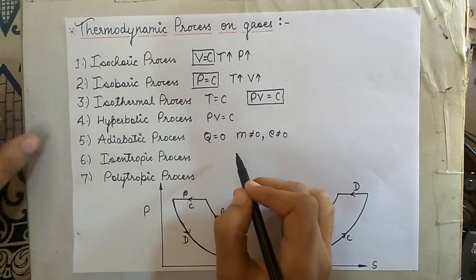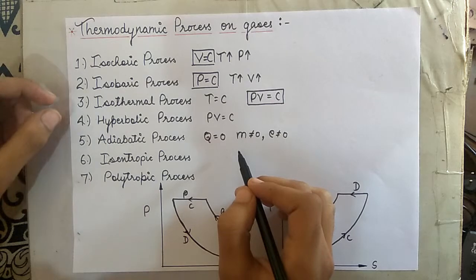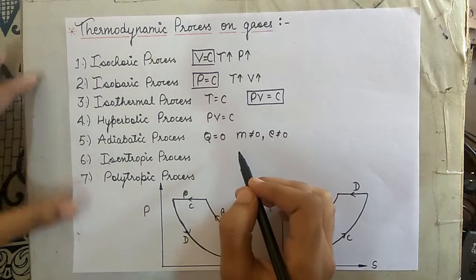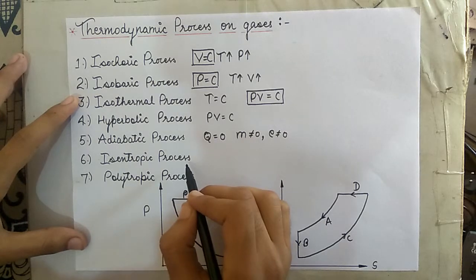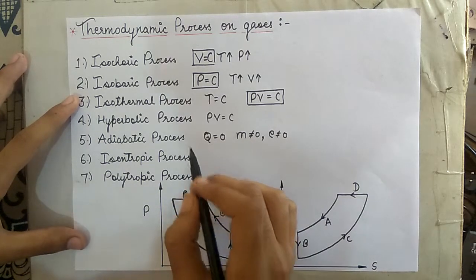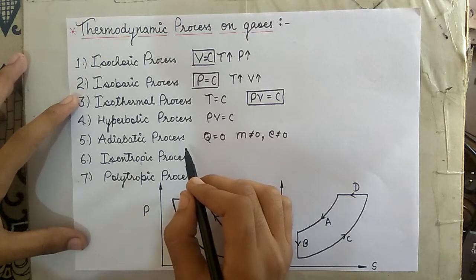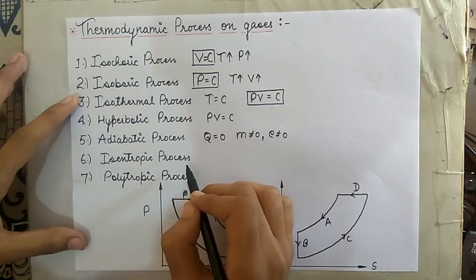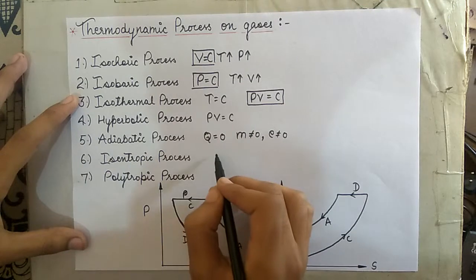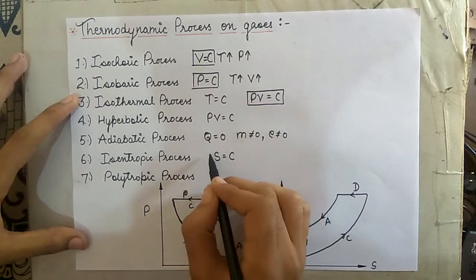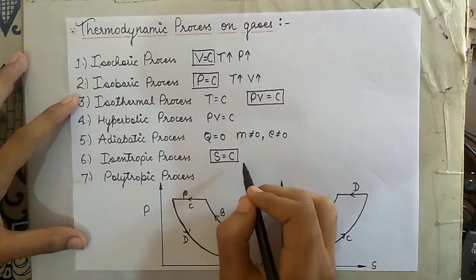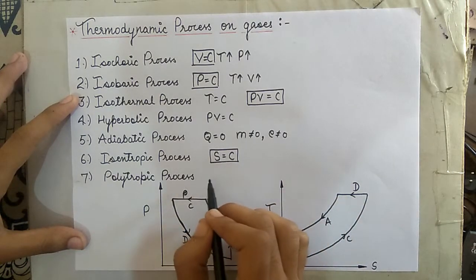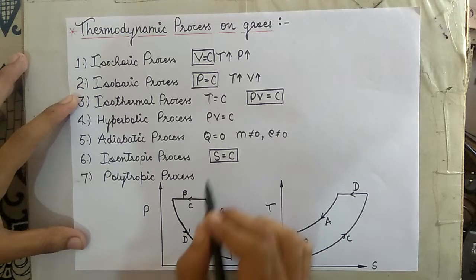Isentropic process is also a form of adiabatic process. The reversible adiabatic process is called isentropic process. So when the adiabatic process is reversible, it is known as isentropic process, as entropy will be constant in this process. The process in which entropy remains constant will be our isentropic process.